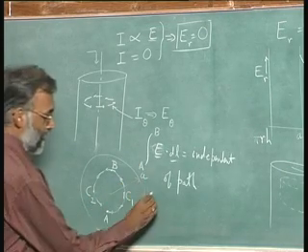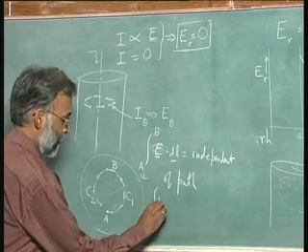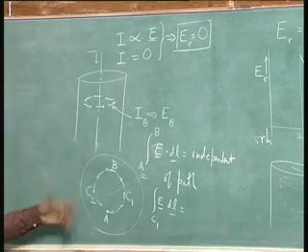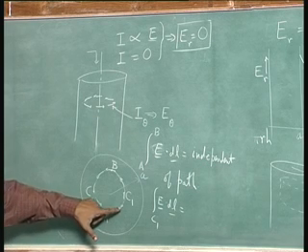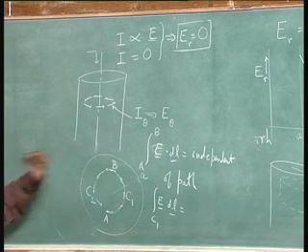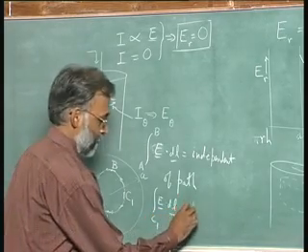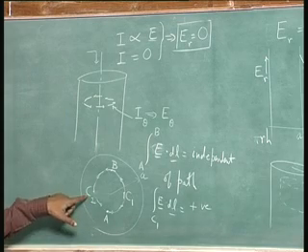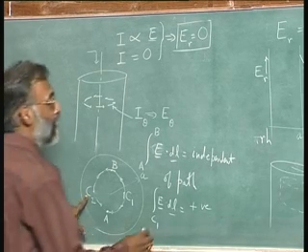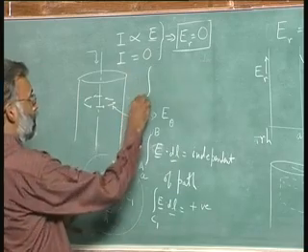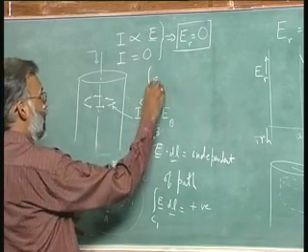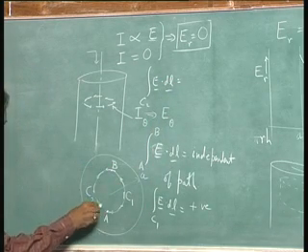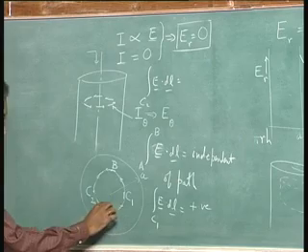So, if I do integral along C1 E dot dl, well, I do not know the answer, but I do know that E is along dl. So, it must be positive. If I go along C2, if I do integral along C2 of E dot dl, well, the electric field is downwards, dl is upwards.